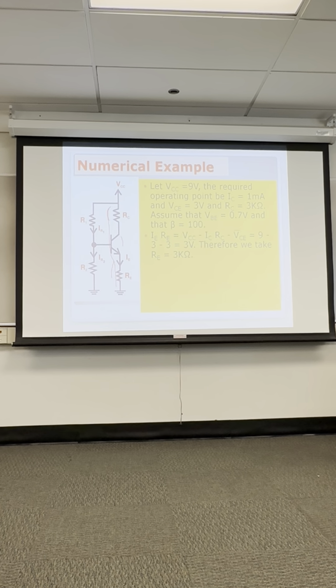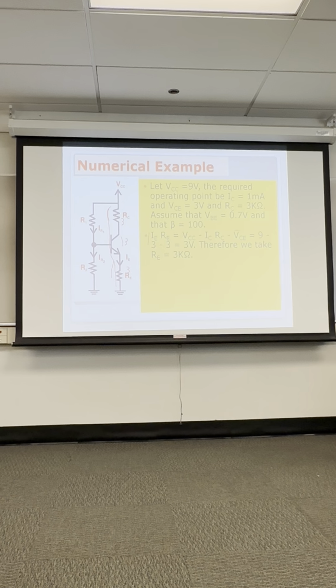And all the numbers basically are given. Once we decide there's 3 volts here, we could say there's 3 volts across VCE, and then there's 3 volts across R E. So that's what this equation is doing.